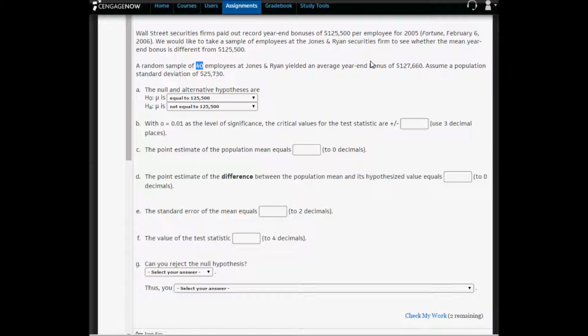The sample size is 40. The sample mean is 127,660. And the population standard deviation is 25,730. And then the significance level is 1%.